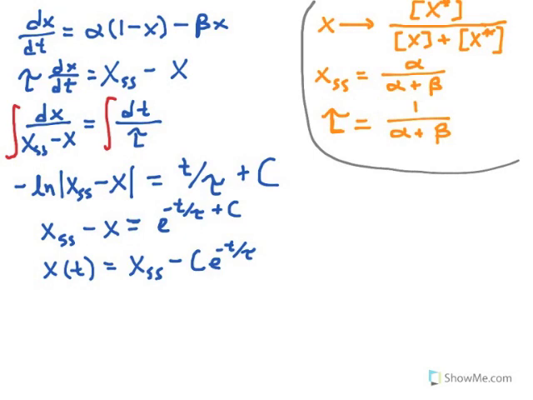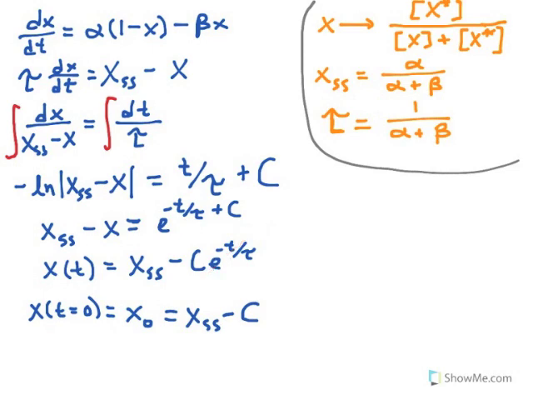So to finalize this, we plug in the initial condition. And we'll call the initial condition x0 so that we can be flexible. It's just a constant. It's the value of x, or the proportion of activated protein at time 0. So at time 0, this equation becomes xss minus c because when t equals 0, this goes to 1 because e to the 0 is 1.